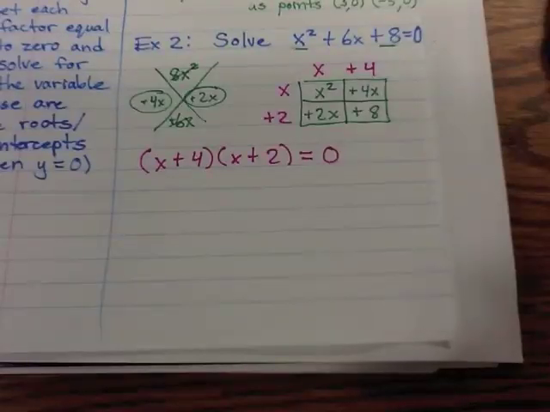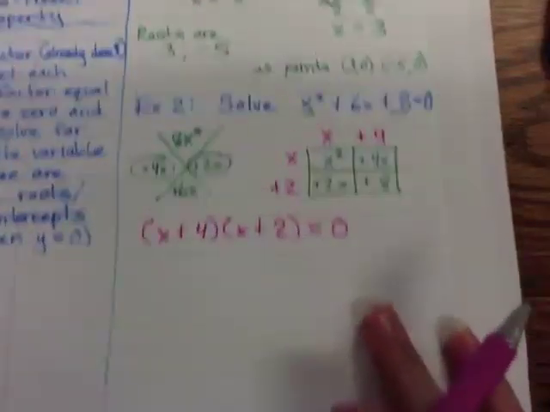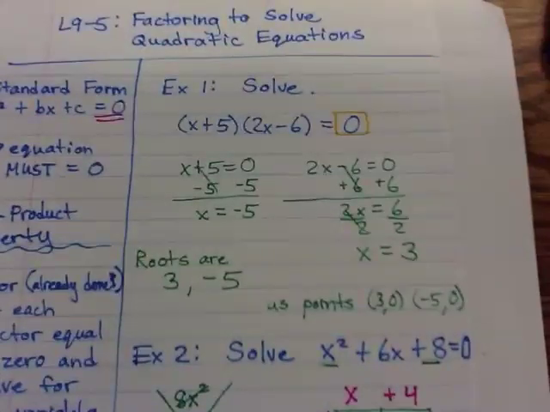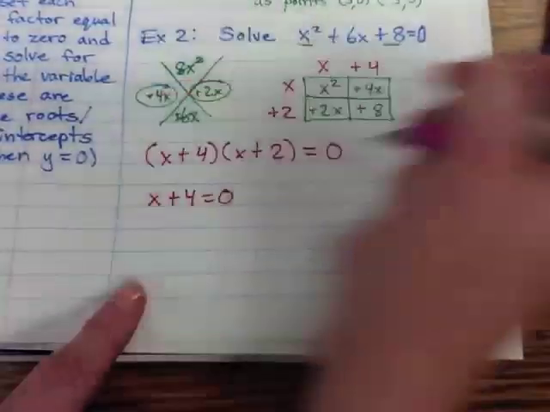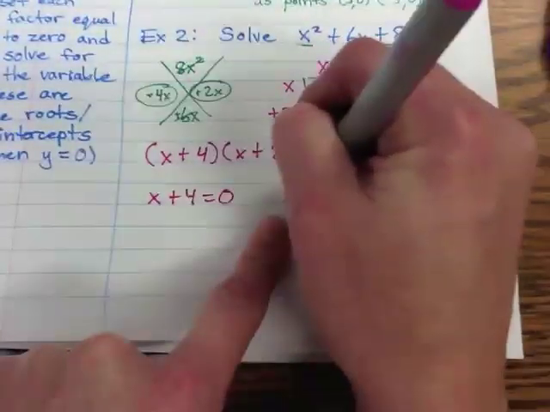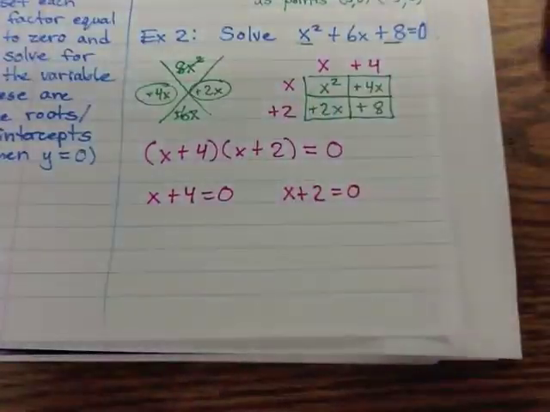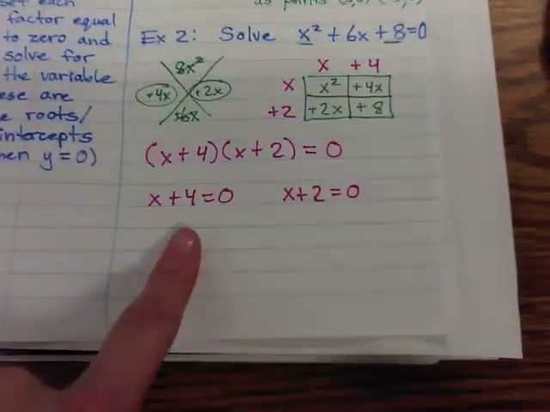So now what are we going to do to actually find our roots? Take each of them and go up to example 1. Now that you've factored, you do exactly what you did in example 1. So go up here, x plus 4 equals 0, and x plus 2 equals 0.